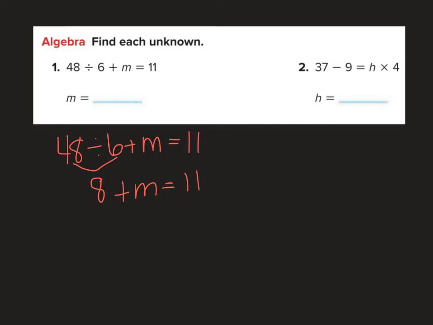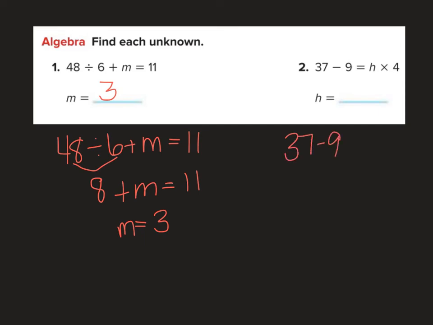So I'm saying, what do I have to add to 8 to make it equal 11? And so I know that m is going to equal 3. Okay, m equals 3. Now I could check for reasonableness. 48 divided by 6 is 8, plus 3, yep, checks out.